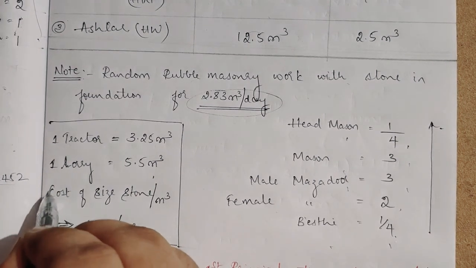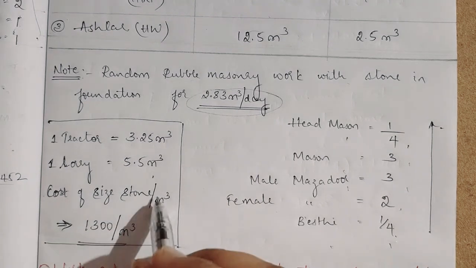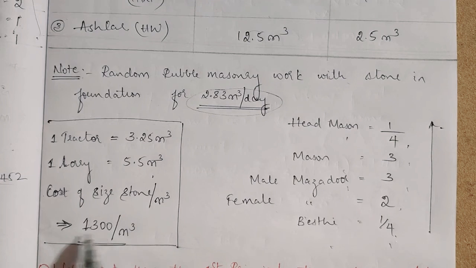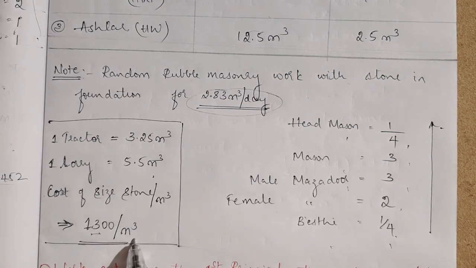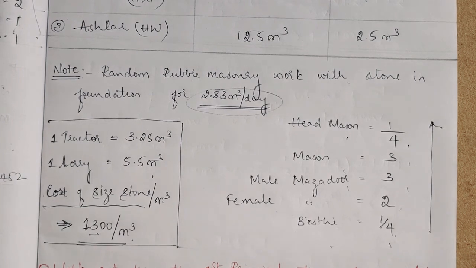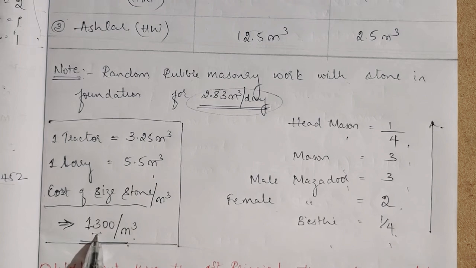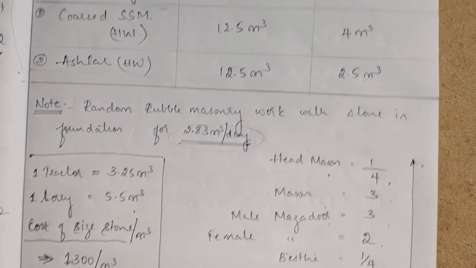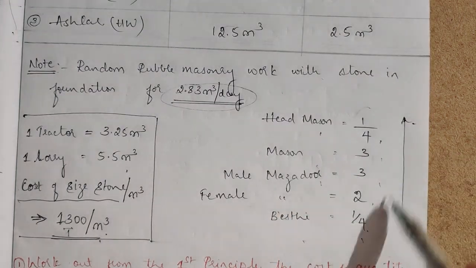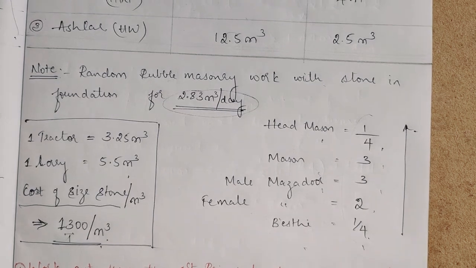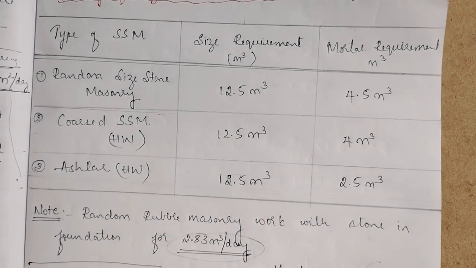The cost of size stone masonry will be 1300 per meter cube, whether it is a tractor or lorry. With this basic knowledge, see again the wages. I'll attach this PDF in the link so that you can download it.